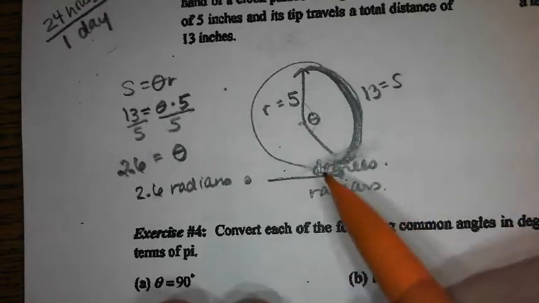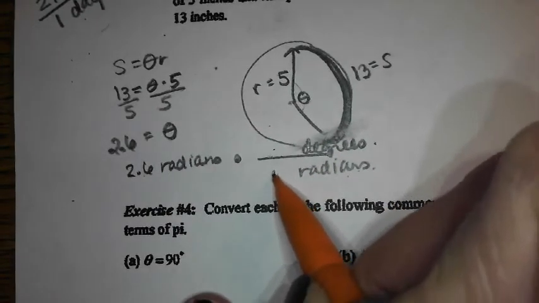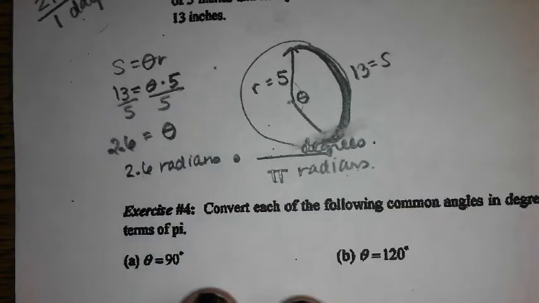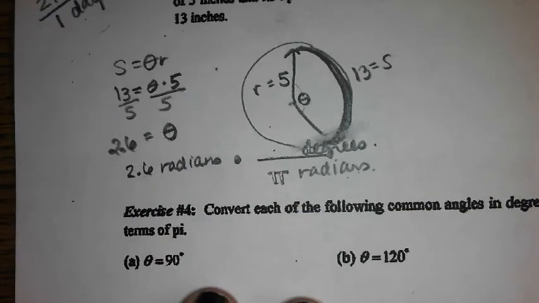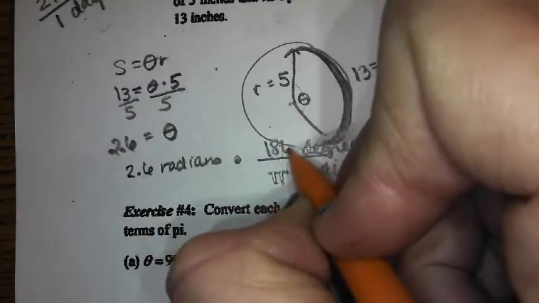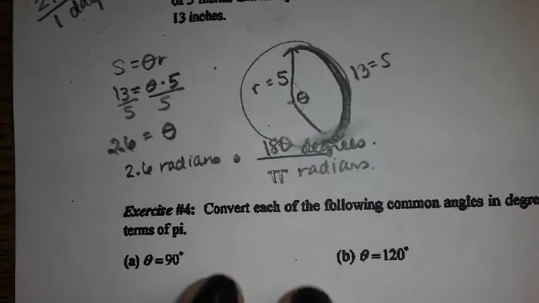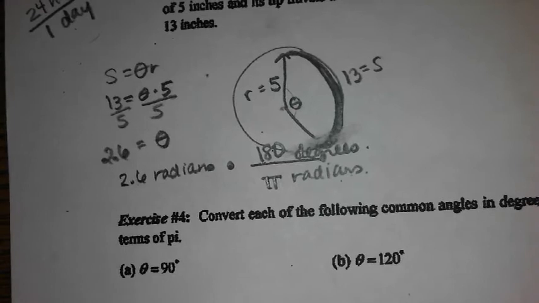So let's go with what we started with. Pi radians. How many degrees is that? 180. So we're multiplying by 1, but in a very tricky way.